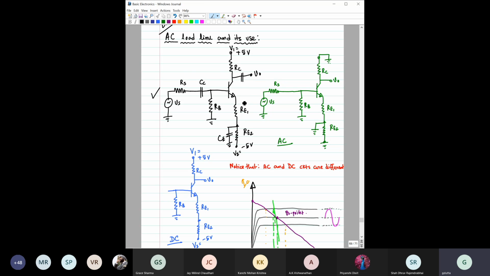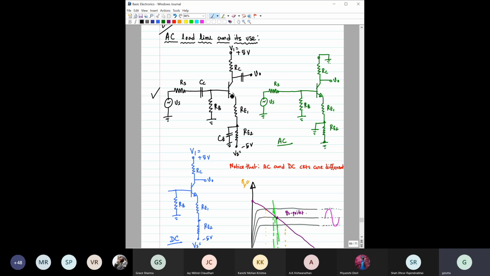You're getting output from here, and you have split the emitter resistance into two parts, RE1 and RE2. In the last class design, we saw that typically RE2 is much greater than RE1, because we need the total RE for DC stability. However, a higher value of RE will reduce the gain of this amplifier. So one way would be to bypass the larger part, RE2, using a capacitor.